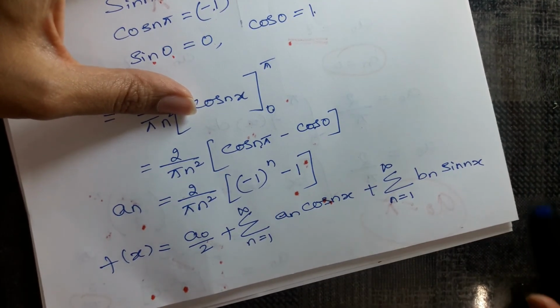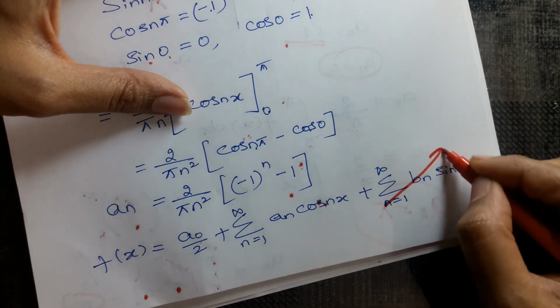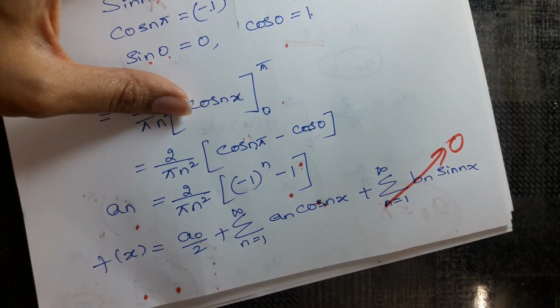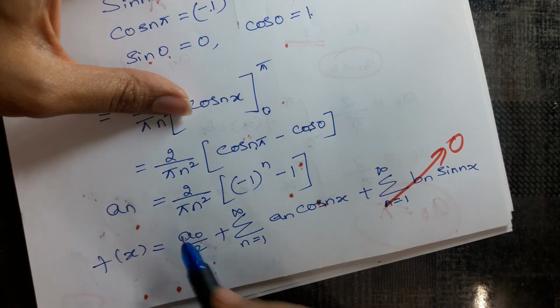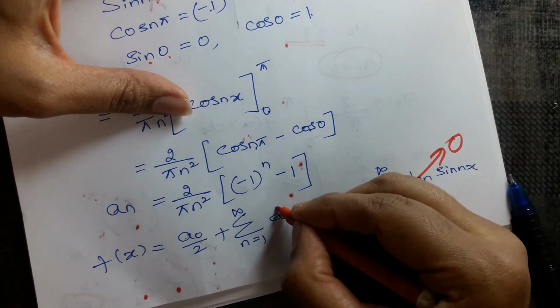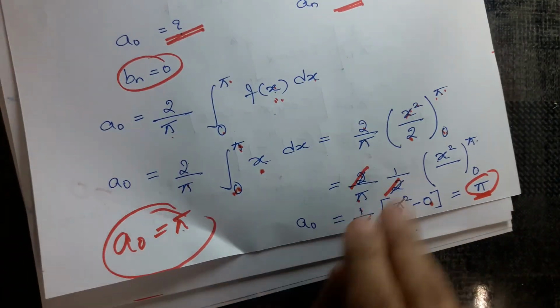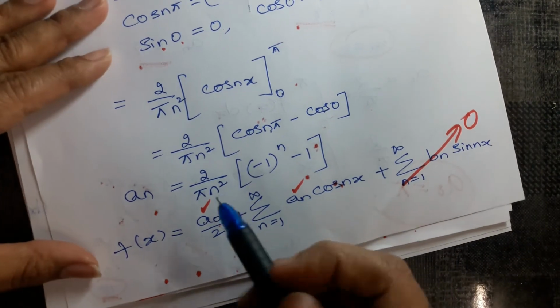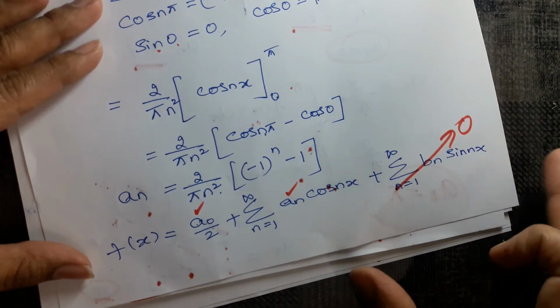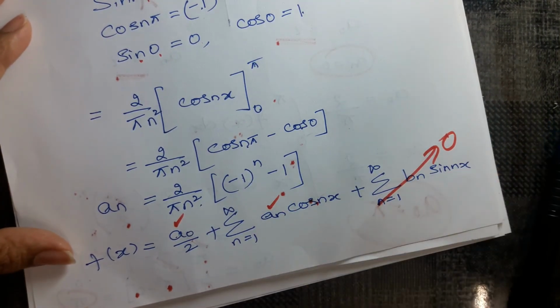Since the function is an even function, bn term is 0. Only you need to substitute for what you got for a0 and what you got for an. What is a0 you got? You got the value of a0 as pi and the value of an as 2 by pi n square into minus 1 to the power of n minus 1. This is what is an.